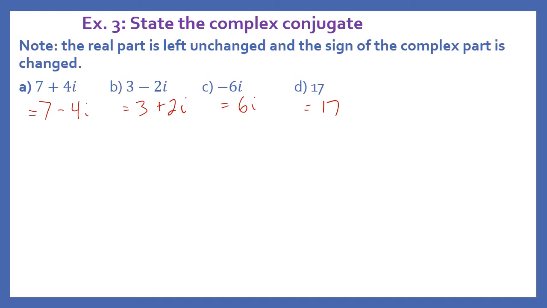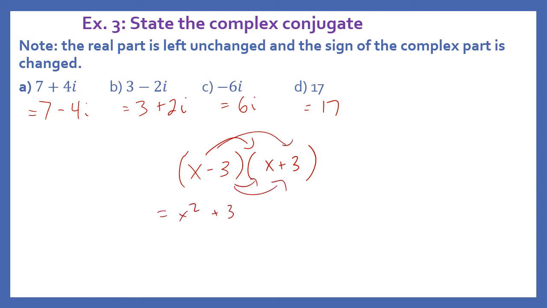Now where we're going with this, I'm going to give you another example. We'll do x minus 3 and x plus 3. If you were to FOIL that, we'll do it really quick: x squared plus 3x minus 3x minus 9.